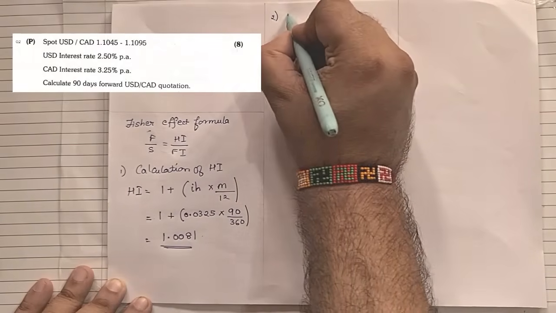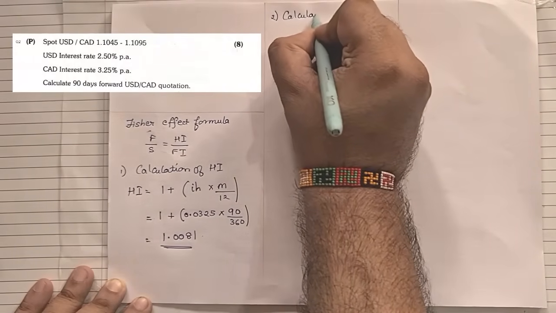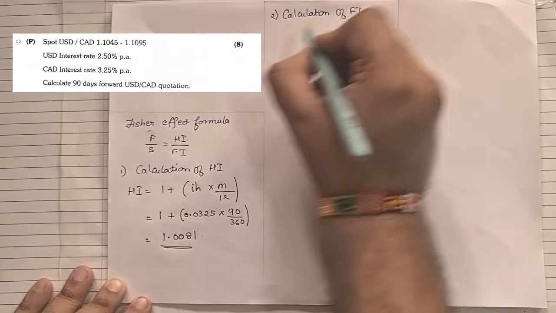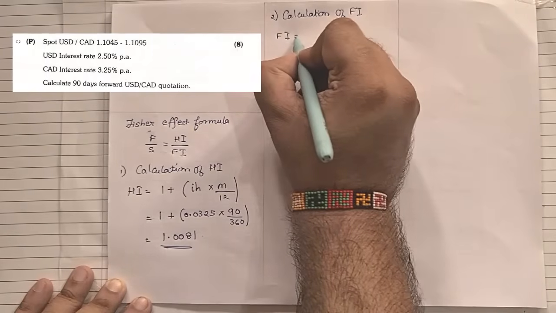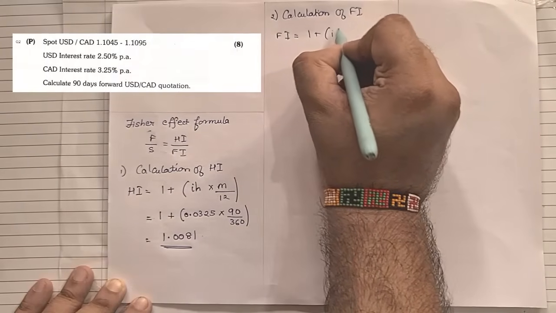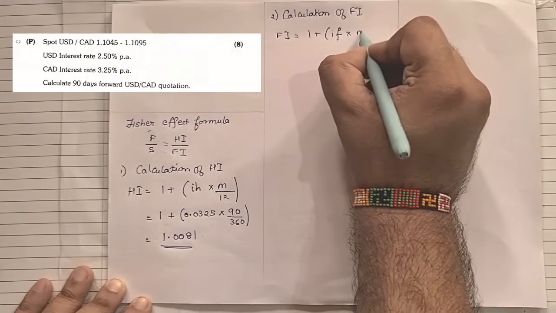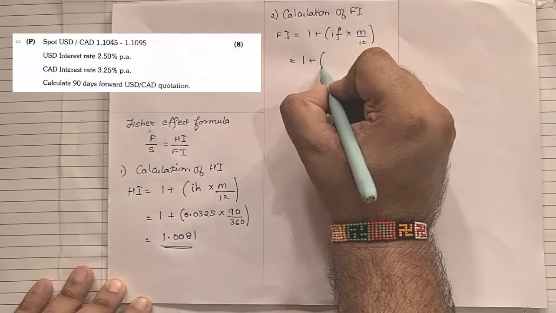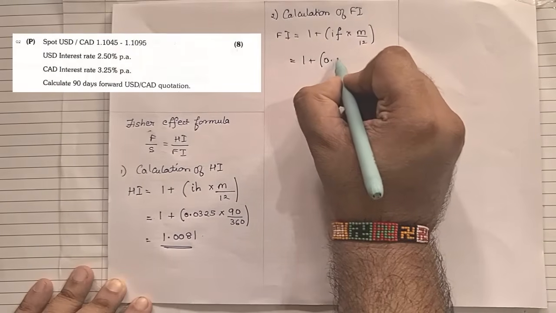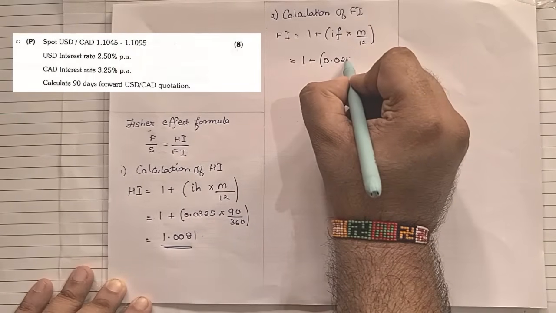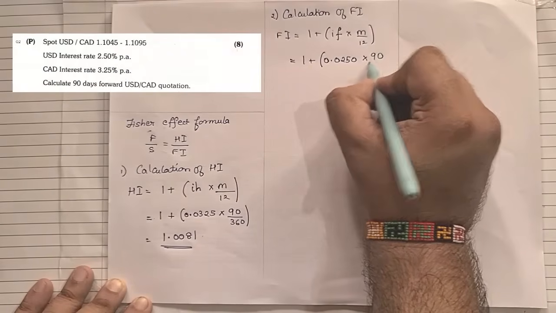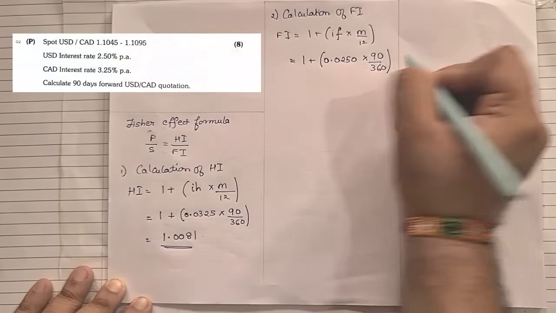Secondly, now we need to find the calculation of FI. So FI is equal to 1 plus interest of foreign currency into M divided by 12. So that will be 1 plus, now that was 2.5%, so 0.0250 into 90 divided by 360.